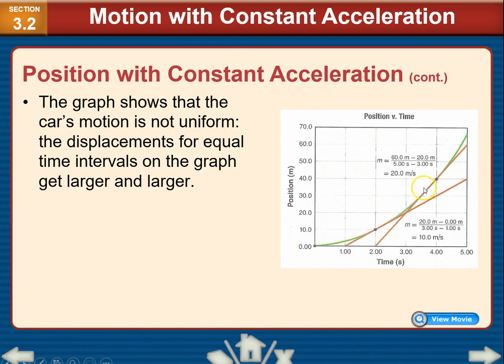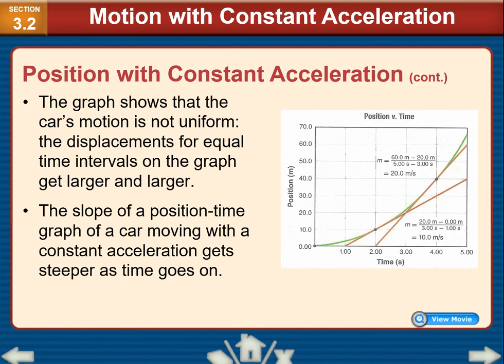Then we have different slopes at different times because the graph initially wasn't constant. Because we have a curve in position, we're going to have a change in velocity, which means we're going to have an acceleration.